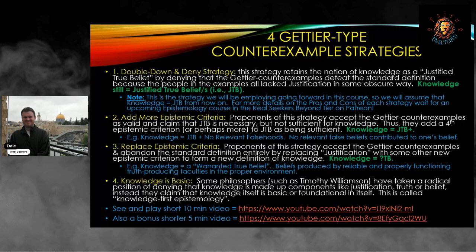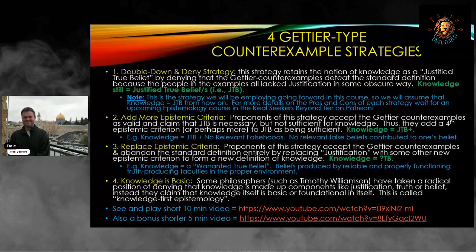So this is really the view that knowledge equals justified true belief plus something else. Usually it's a fourth criterion, but maybe there's 5 or 6 or 7. Essentially, the notion here is that justified true belief is indeed necessary for knowledge, but it's insufficient. You need to add one or more epistemic criteria to justified true belief in order to have knowledge.